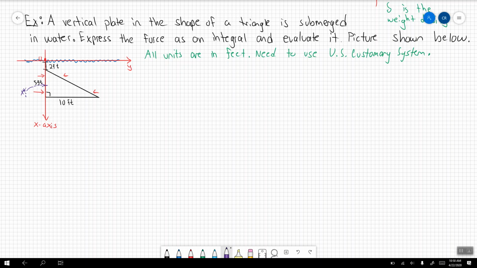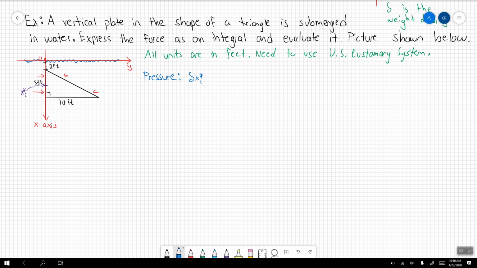The pressure that I'm going to be analyzing involves the density of the water, and I'm going to keep denoting this weight density of the water as delta. My pressure is just going to be delta multiplied by that initial sample point. So my pressure is that weight density of the water multiplied by that specific point. Nice, not too bad.